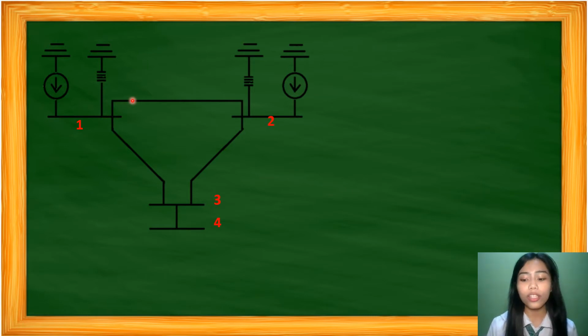Each transmission line has an impedance, or an admittance. Let's say bus 1 and bus 2 have a generator connected to them. Then there's a transmission line that connects bus 1 to bus 2.